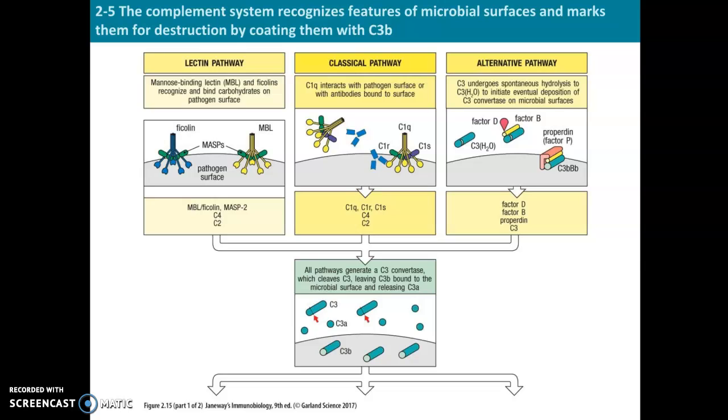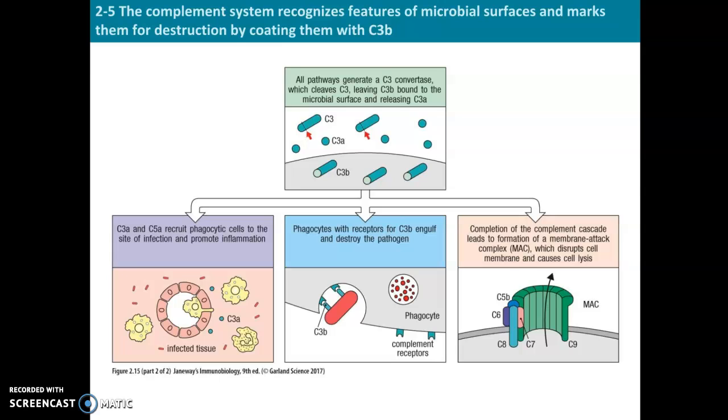So once you have a C3 convertase by whichever means, lectin pathway, classical pathway, or alternative pathway, now you're producing a whole bunch of C3. And that C3 deposits itself on the pathogen's surface, and that's because it has a thioester bond inside of it.